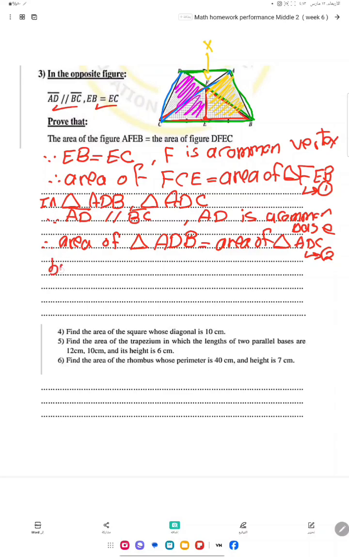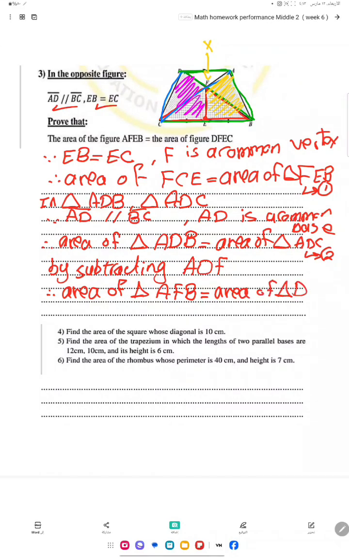So by subtracting, let's remove the triangle ADF. We will get the area of triangle AFB equals the area of triangle DFC, and this is number 3.